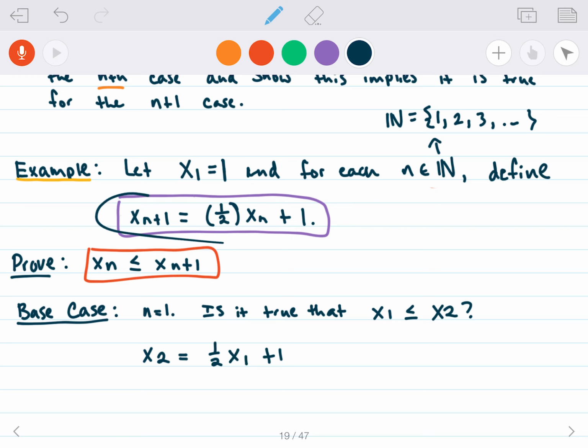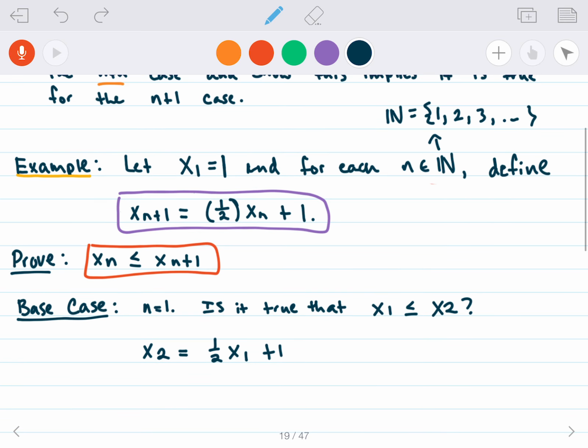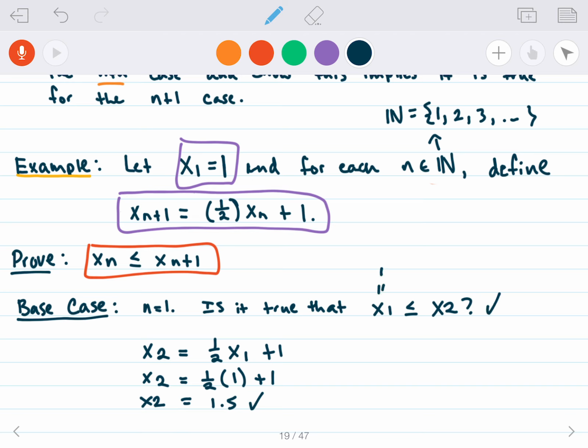I'm just literally putting n equals 1 into this rule. Now x sub 1 was given as 1, and so we have that x sub 2 is equal to a half times 1 plus 1, which is 3/2 or 1.5 if you like that. And that is true, because x sub 1 was 1 and x sub 2 is 3/2, 1.5. Okay, so that's true for the base case.